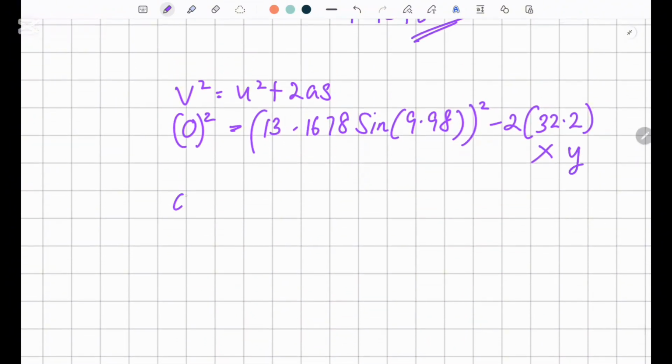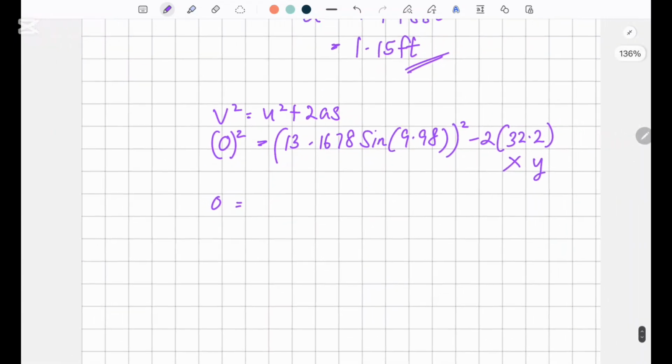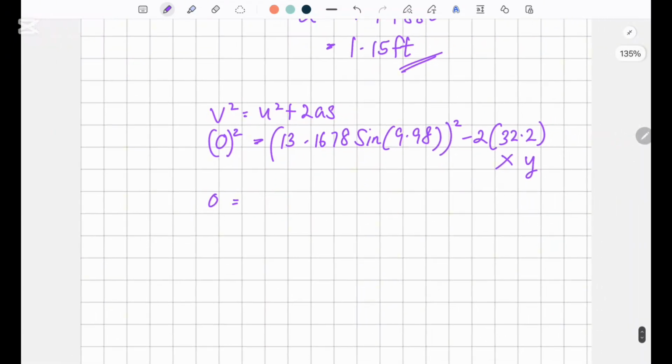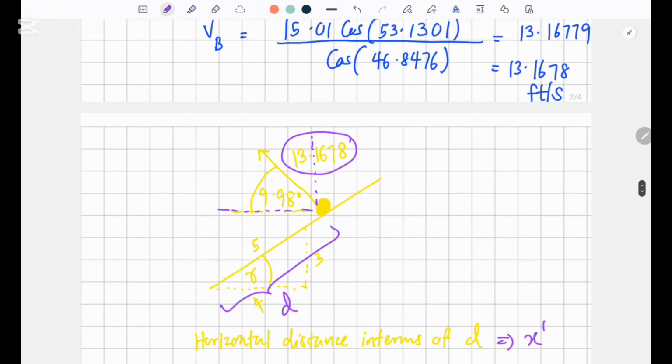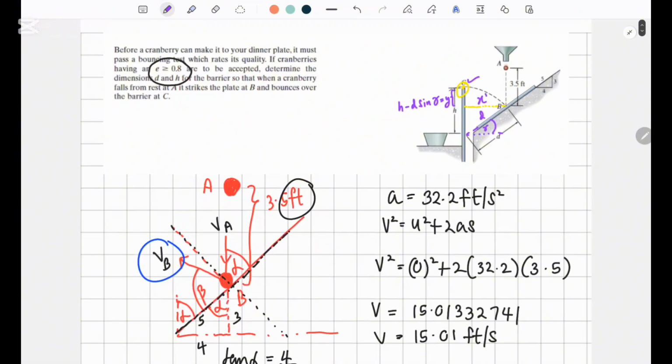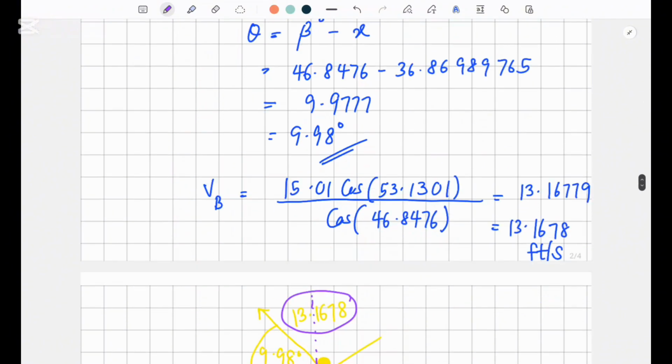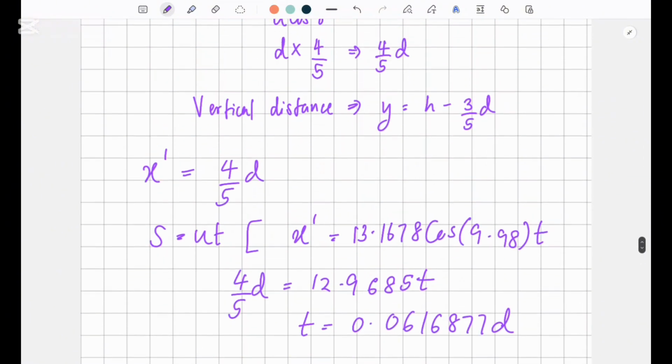So if I just simplify this a bit further, you'll have 5.207696 minus 64.4 Y. I can't remember, H minus, I think I wrote it down below.